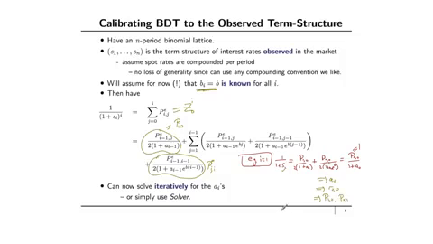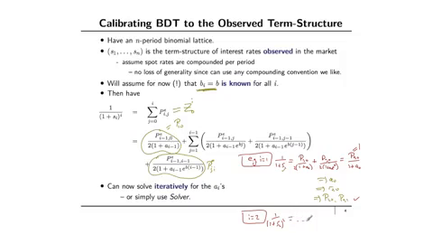So we have R_00. We can then use the forward equations to get P_10 and P_01. And now we can move on to i equals 2. We can use this equation to get 1 over (1 plus S_2) to the power of 2 is equal to, and we can substitute in these terms. These terms will just have the P_1's, P_10 and P_11, which we will know already. They will have an A_1, which we don't know, but that's what we will solve for, and they will have S_2, which we see in the marketplace.